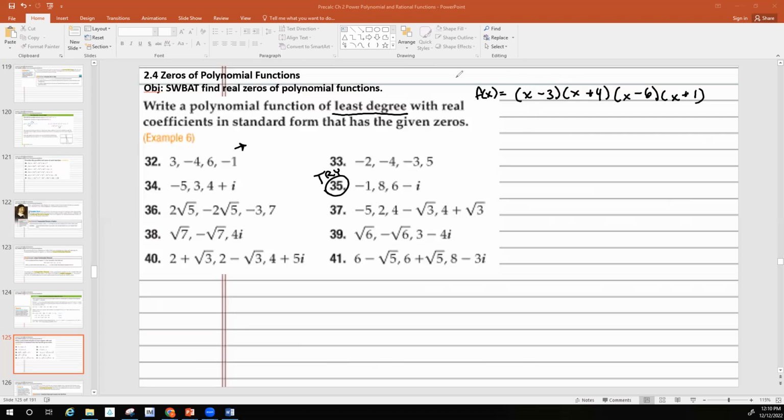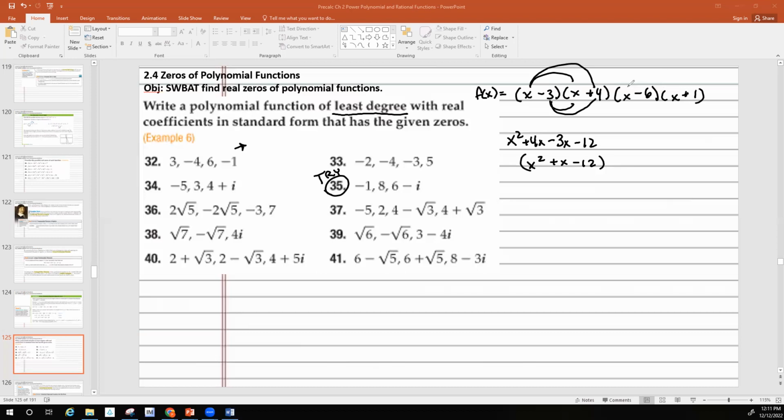So this one you just need to focus on two at a time. So x times x, and then x times 4, negative 3 times x, and then negative 3 times 4. So here we're going to get x squared plus 4x minus 3x minus 12. And that gives us x squared plus x minus 12.